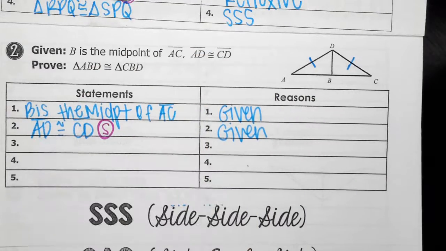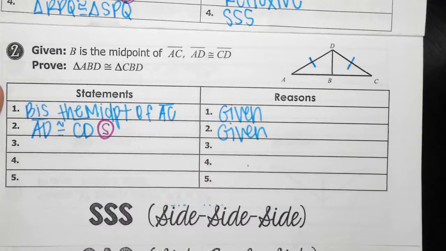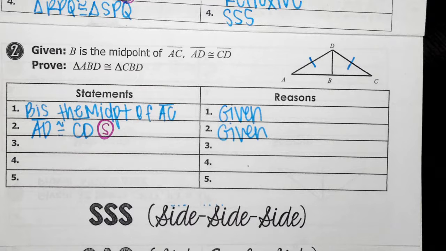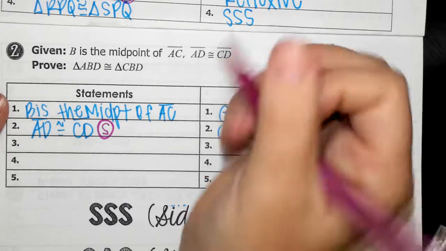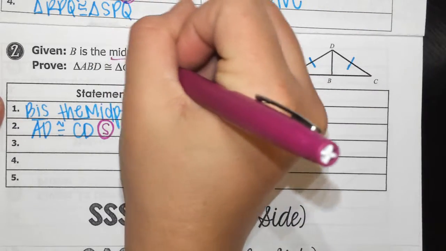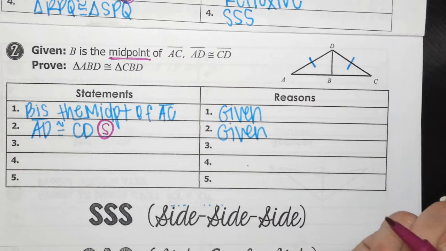Now they told me B is the midpoint, but they didn't write it saying it's congruent. So if they didn't write it saying it's congruent, then we have to write it. Okay? Let's see. Grant, tell me what midpoint means. It's in the middle of A and C. Right.